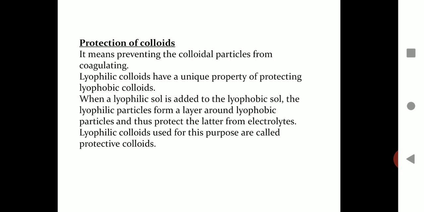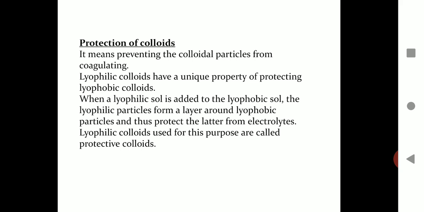So how can we prevent the colloidal particles from coagulating? The term used for preventing colloidal particles from coagulating is known as protection of colloids. Now, lyophilic colloids have a unique property of protecting lyophobic colloids.